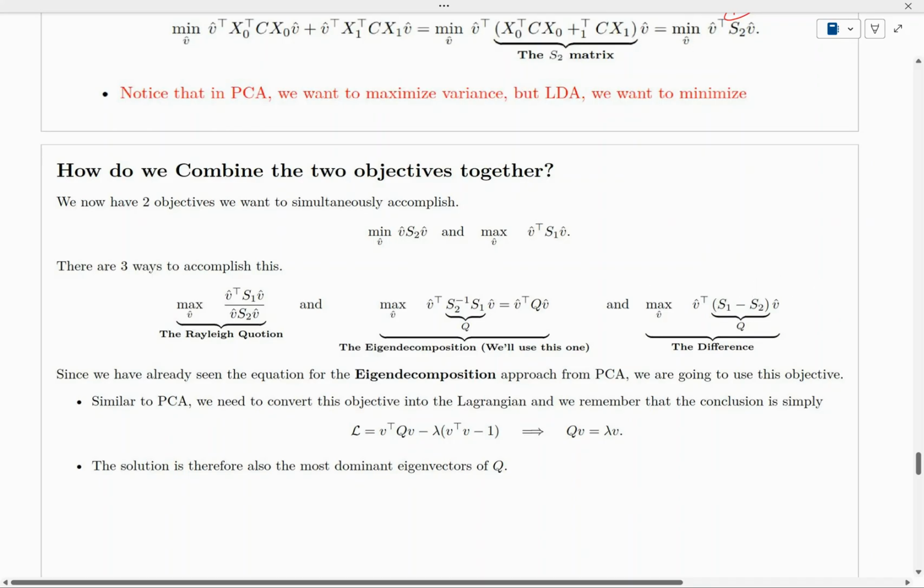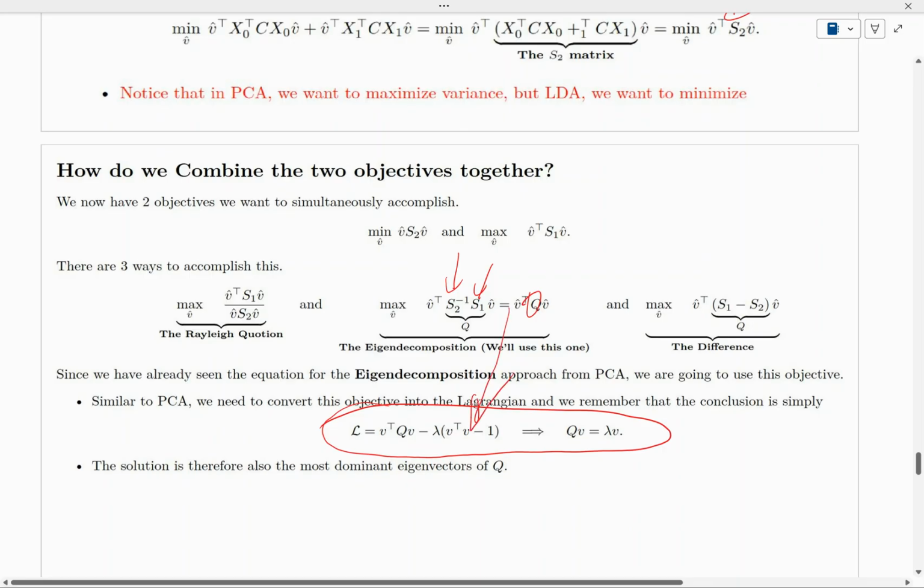So there are three ways to do this, but for this lecture, we're just going to focus on this approach. I think this is the original approach, but in my opinion, it's the easier approach to do. So you know S1, you know S2, you know Q, and therefore we now simply solve the identical objective as PCA. So now you know how to solve this with PCA.